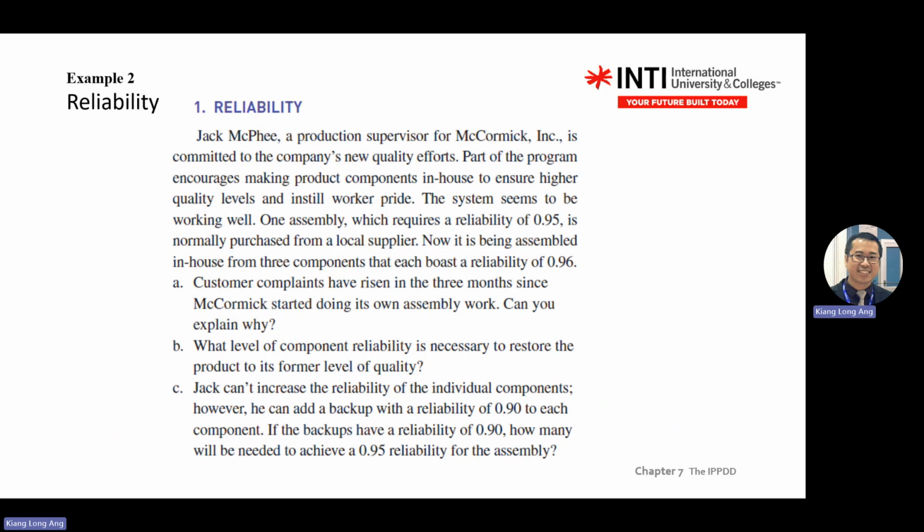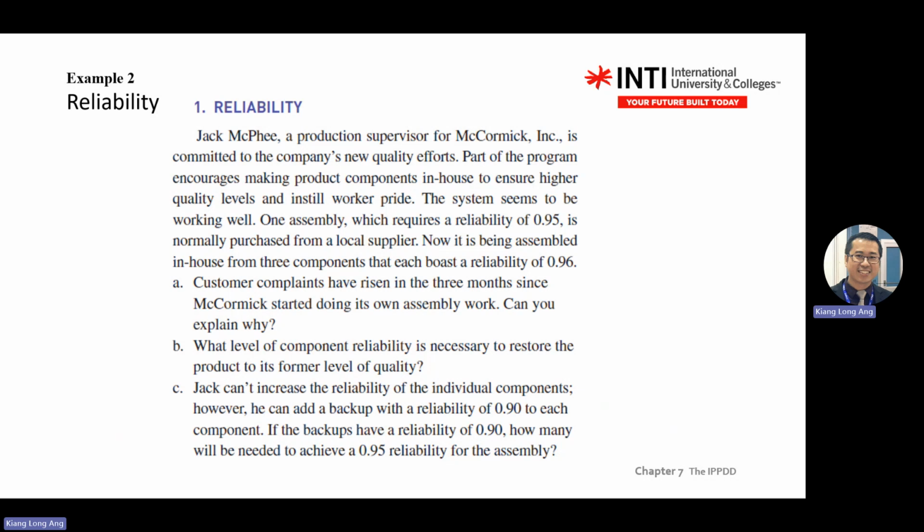A, customer complaints have risen in 3 months since the company started doing its own assembly. This is own assembly. Can you explain why? What is the system reliability of this one? Is this series or parallel? Series. So what is the equation? You press the calculator, what is the reliability? 0.885.